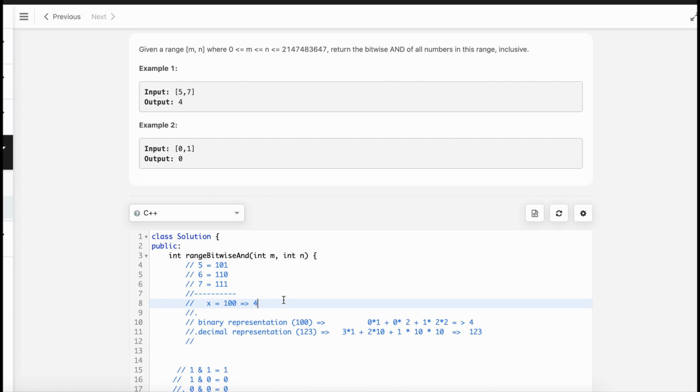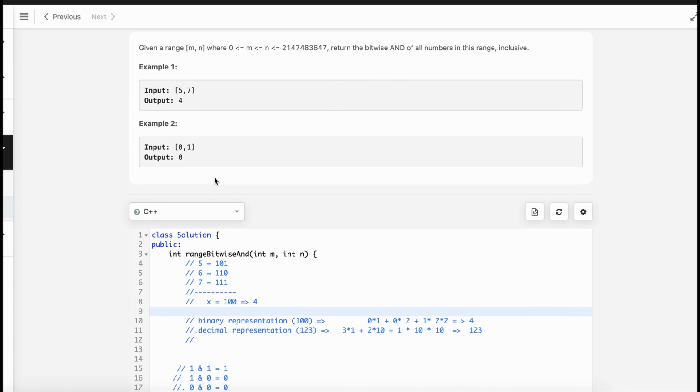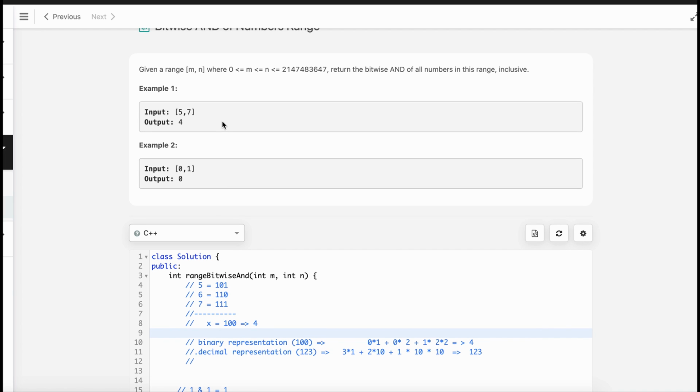Well, let's go with the original problem. The original problem asks us to find the AND of all numbers in the range, and as we can see, we can find every position's AND value: 0th position, first position, second position. These are independent, and whatever value we get in each position, we add that value.